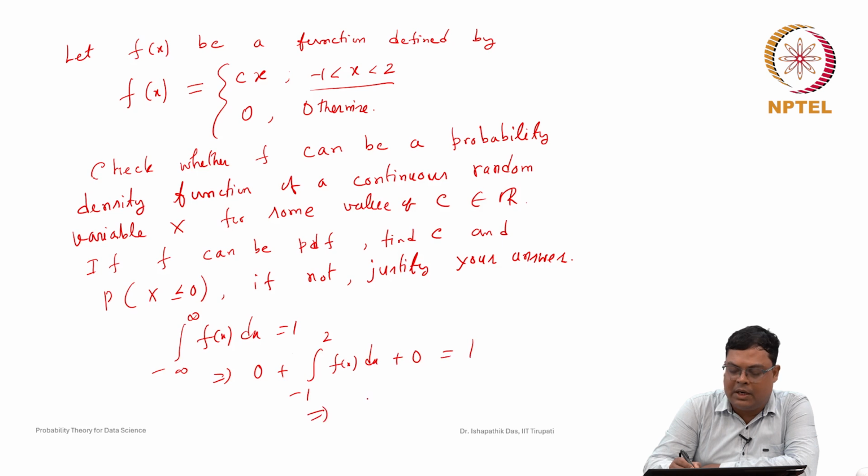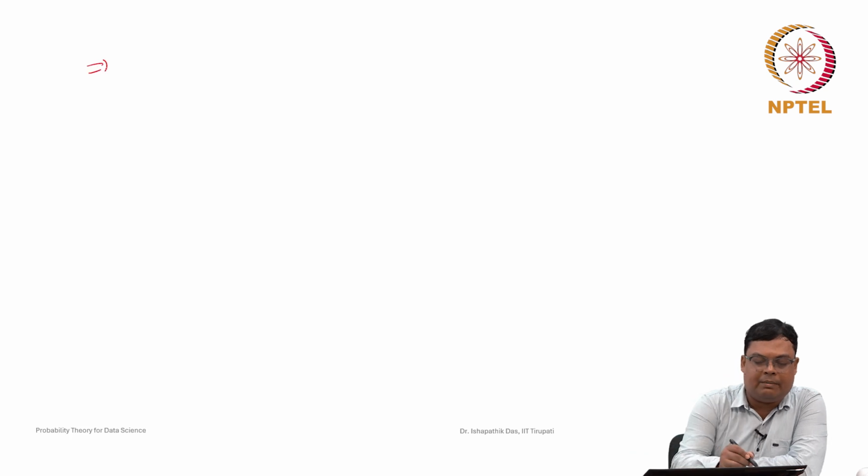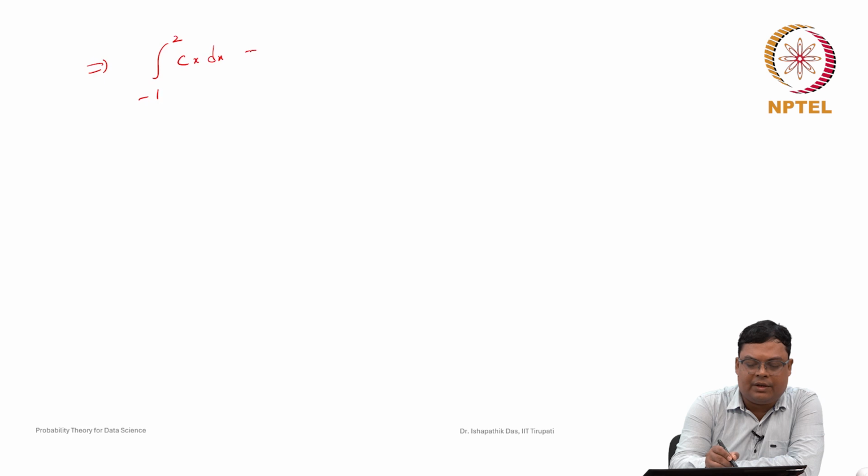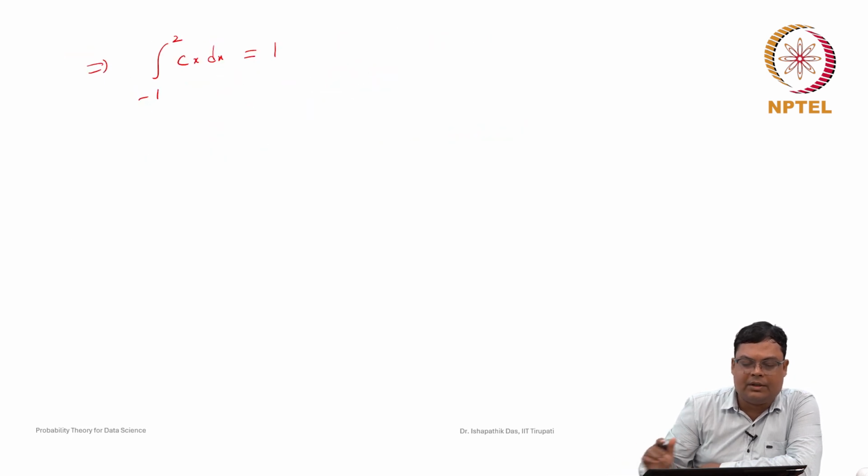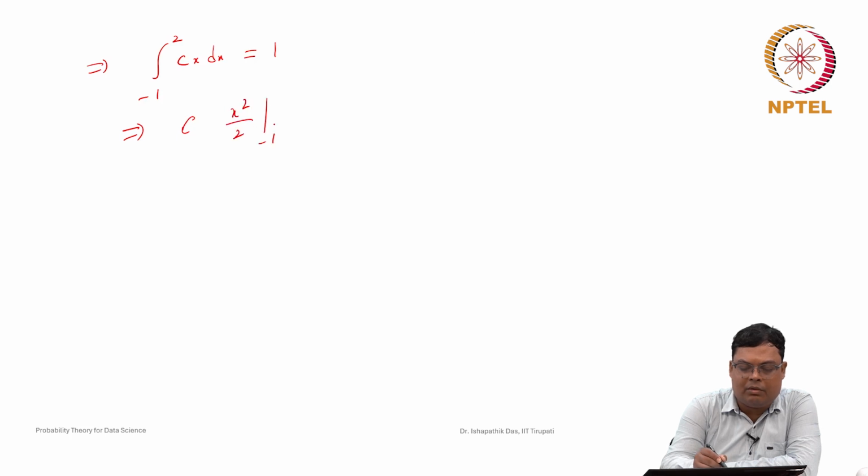So, the integral from -1 to 2 of Cx dx equals 1, because this is the definition. This gives C times x squared by 2, from -1 to 2, equal to 1.